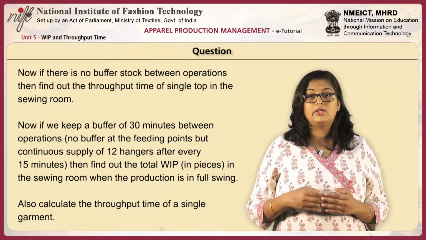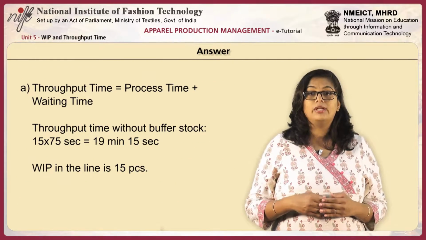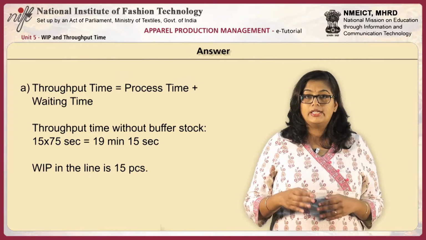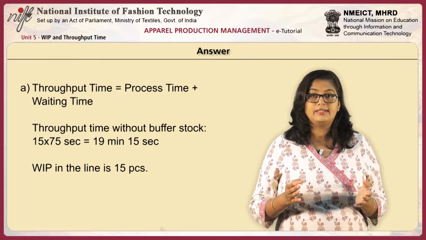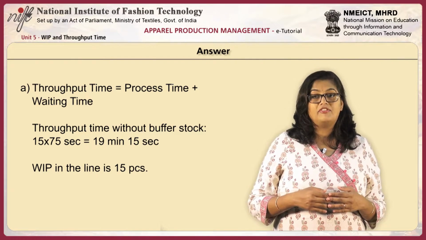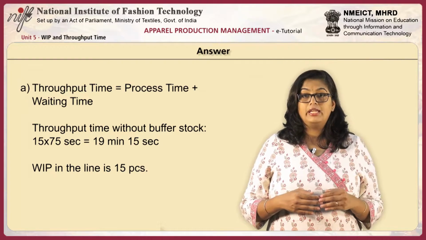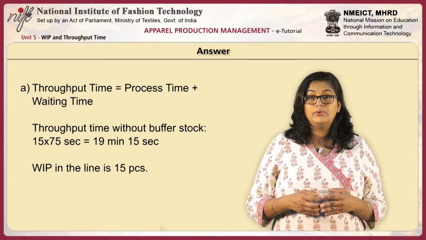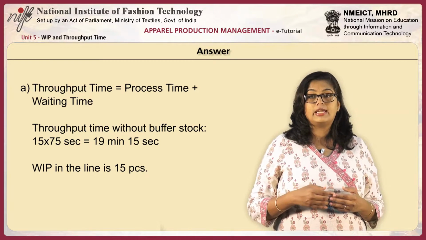So, we have two scenarios. First, let us calculate the throughput time. Throughput time is calculated as process time plus waiting time. Throughput time without buffer stock is 15 into 75 seconds. That is equal to 19 minutes 15 seconds.